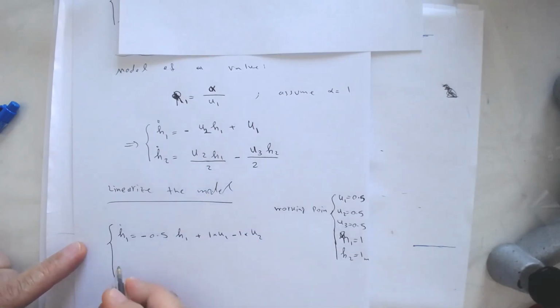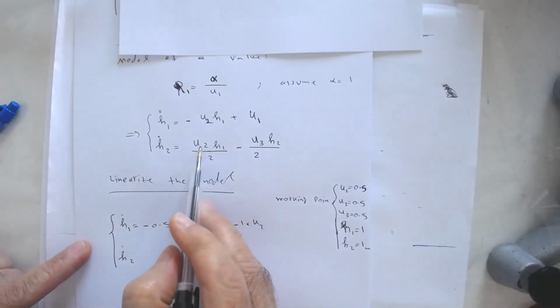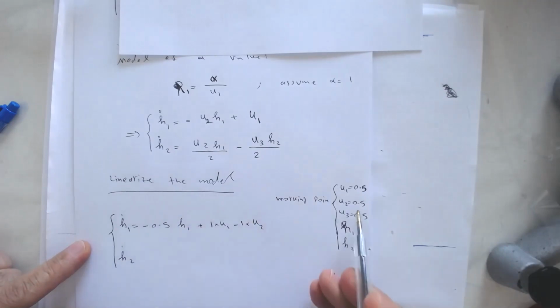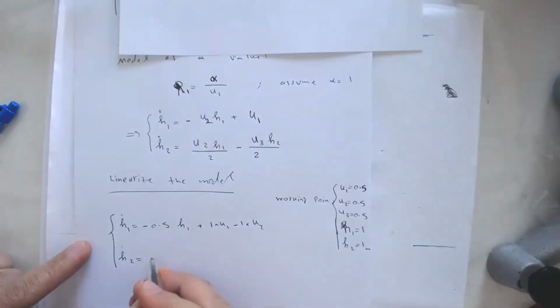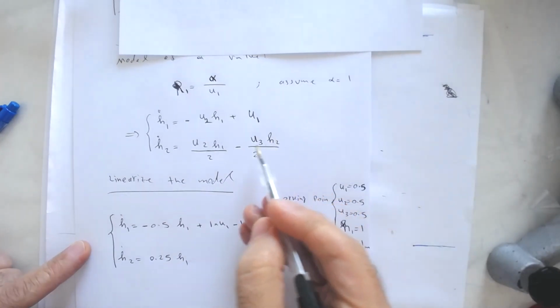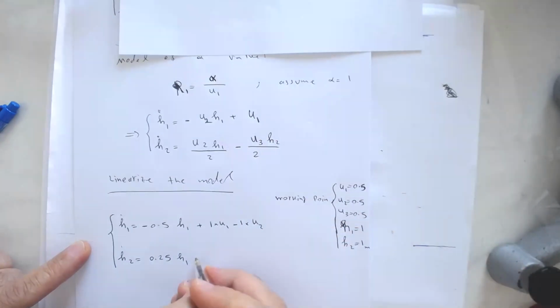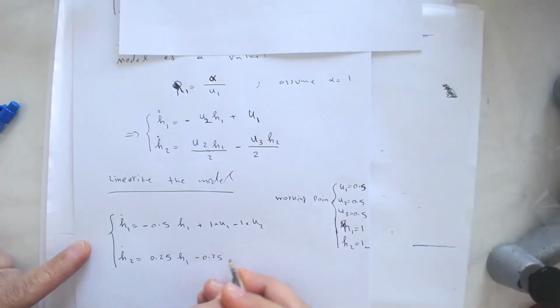For the second equation, if you again take the derivative with respect to H1, it would be U2 over 2, and U2 is 0.5, therefore it would be 0.25 H1. The derivative with respect to H2 would be minus U2 over 2, so it would be minus 0.25 H2.